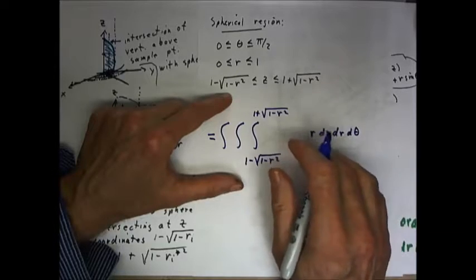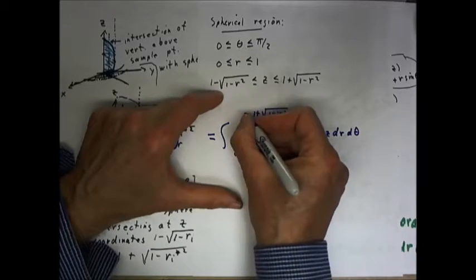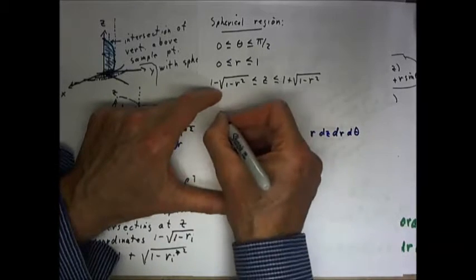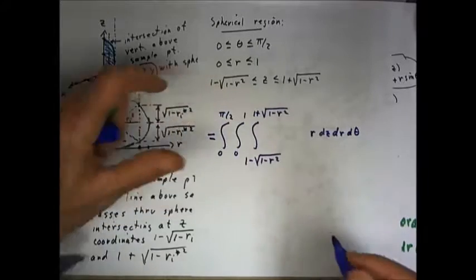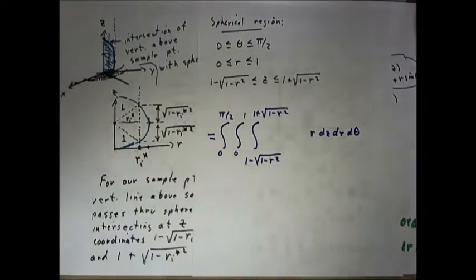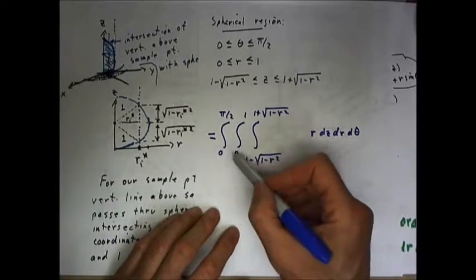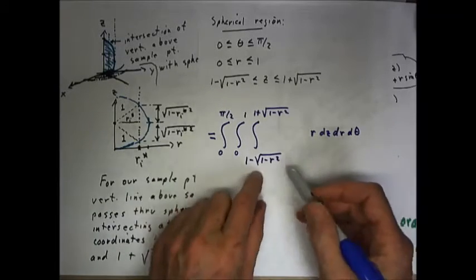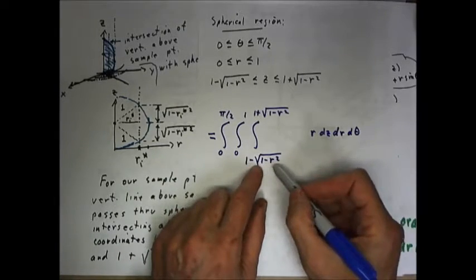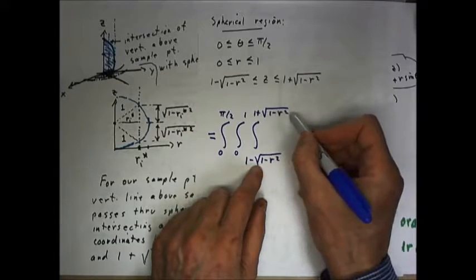So there are limits on z, our limits on r, 0 and 1, our limits on theta, 0 to pi over 2. If you compare this with previous integrals we've done over this sphere, you see that these limits are somewhat simpler. Previously, we would have had a 1 minus x squared minus y squared here and here.